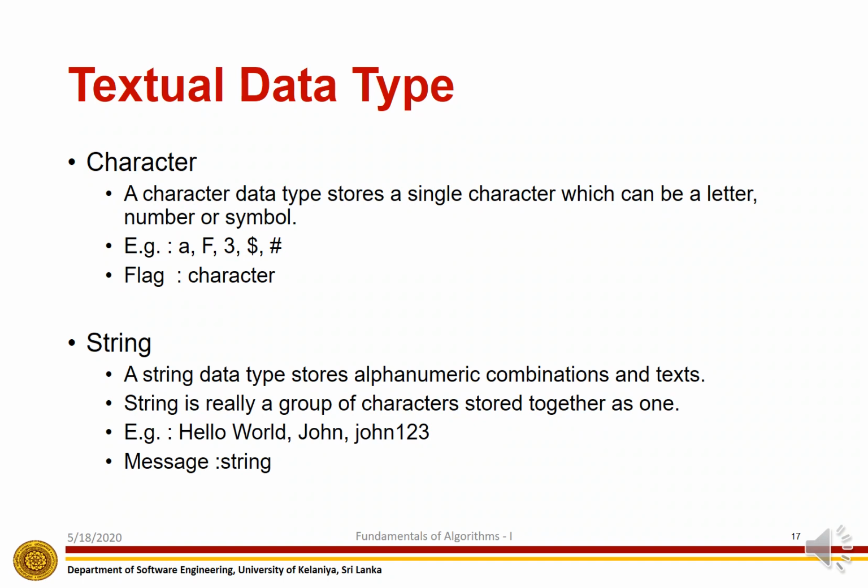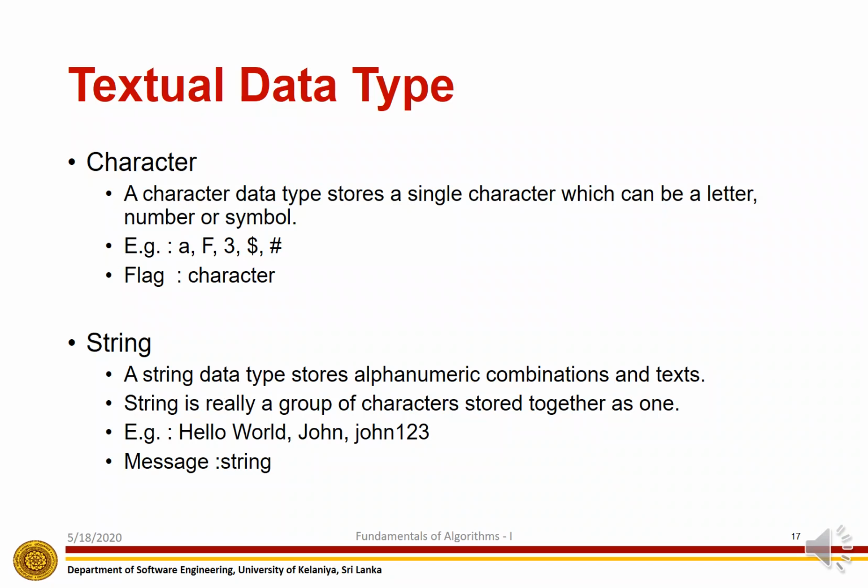In the algorithms, we can state the character type variables as variable name colon character. Here I have given the example flag colon character. Flag means a value that acts as a signal for a function or process. The value of the flag is used to determine the next step of a program.